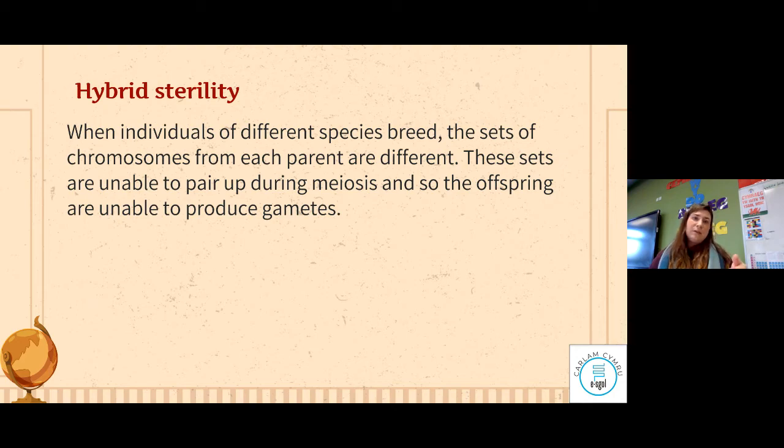As I was explaining, they are not fertile offspring. So this is hybrid sterility. They are sterile, they don't produce fertile offspring. Although the individuals do breed, the offspring are infertile, therefore not carrying on those alleles.